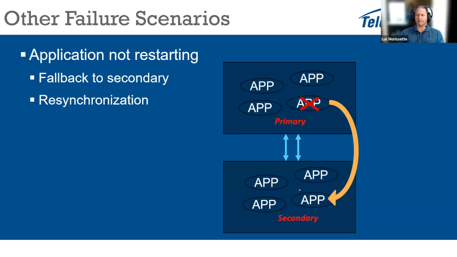Everything is stored on this system as well, so it will resynchronize. In general, if there's one application that fails, only one application will be running on this device here as a primary. The others will still be running on this system. In some cases, all the applications are switched over to the secondary, but it's rare.